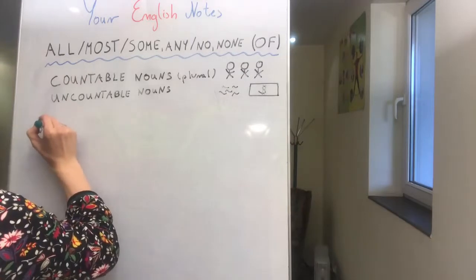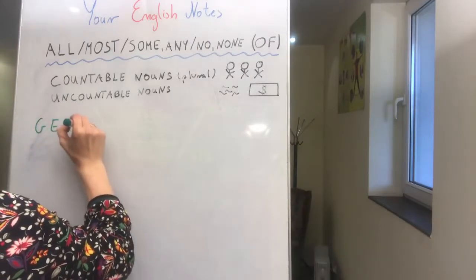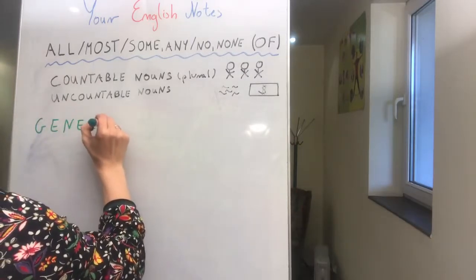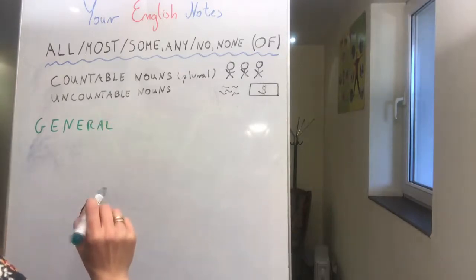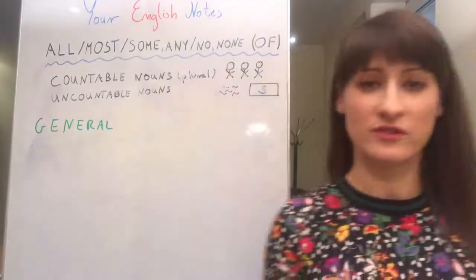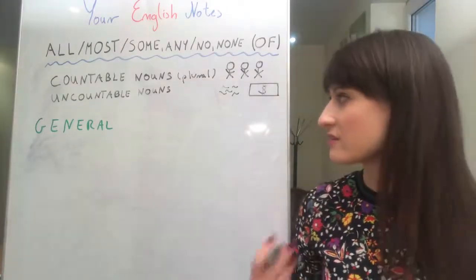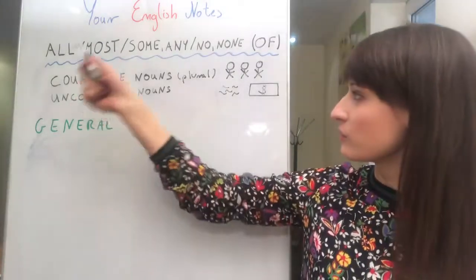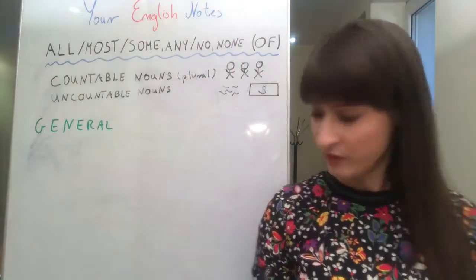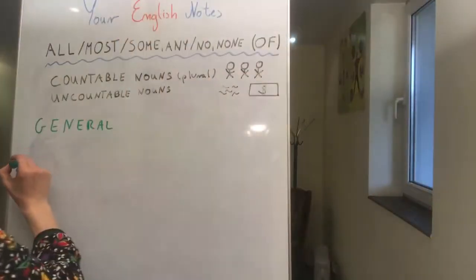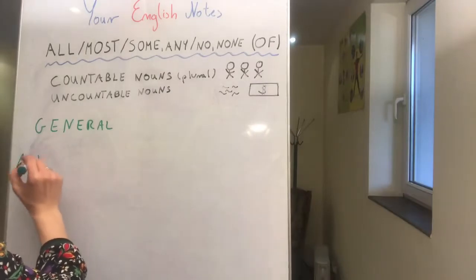Look here, I will draw a table, and in this table I will try to explain everything. So look, when we talk about some nouns in general, we don't mean anything specific, then we use them without of. You can remember it by writing something like that.